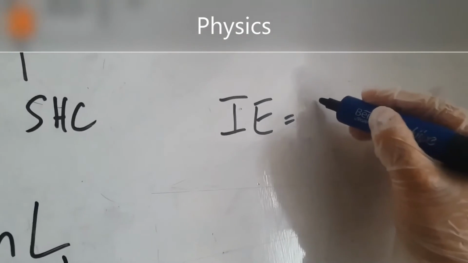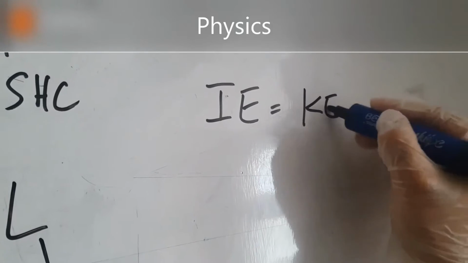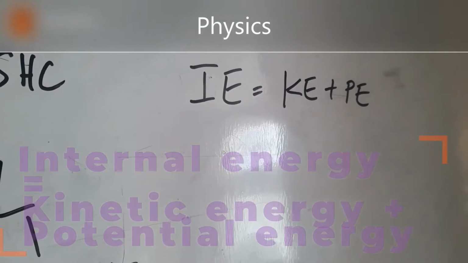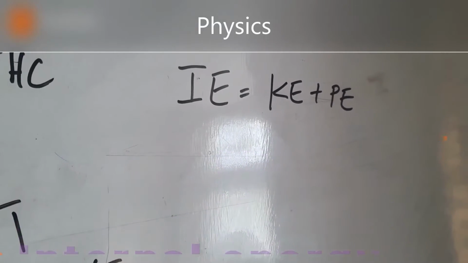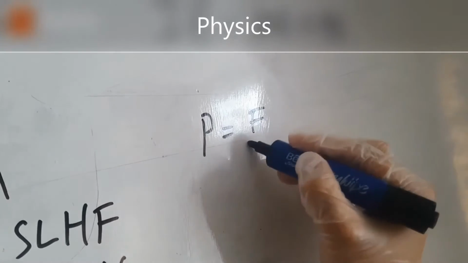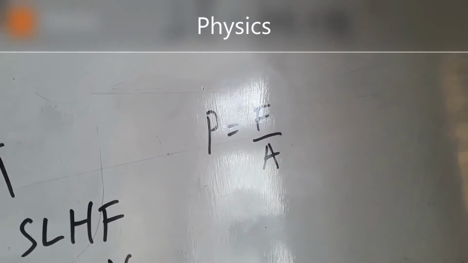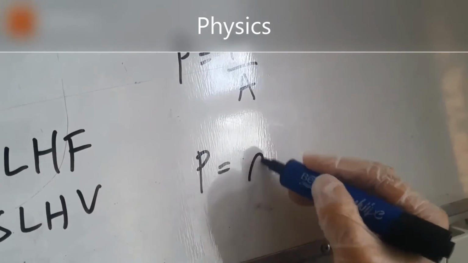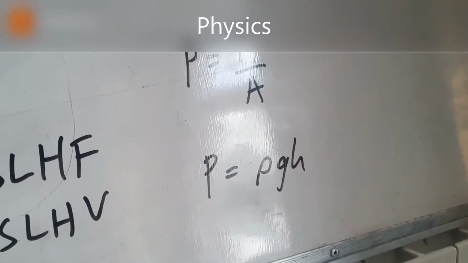IE doesn't stand for Internet Explorer, it stands for internal energy, and internal energy is the sum of kinetic energy plus potential energy. And pressure is equal to force divided by area, and the force has to be perpendicular to the surface.